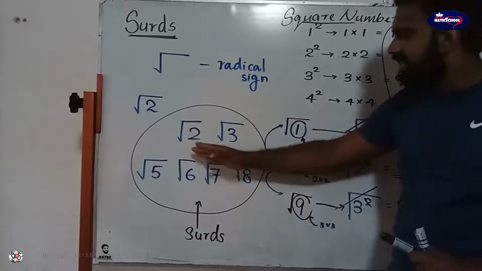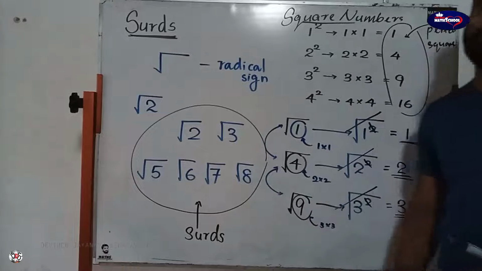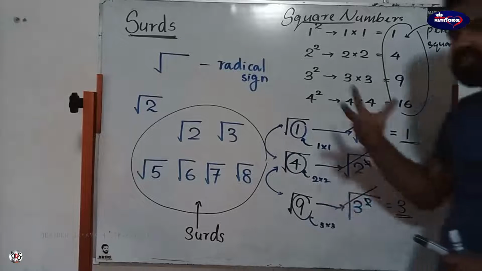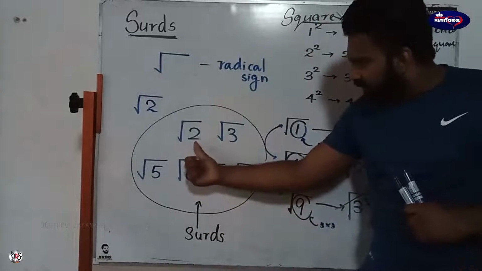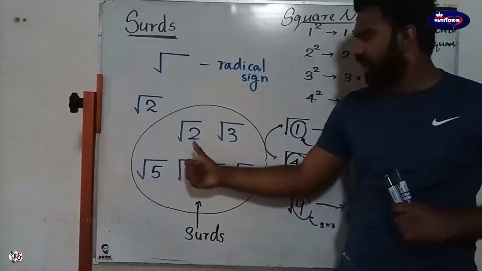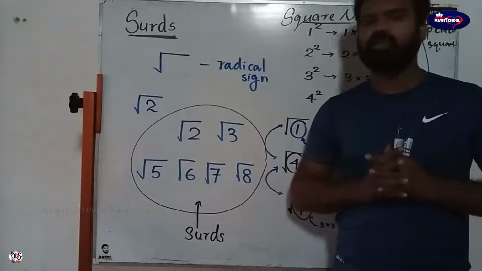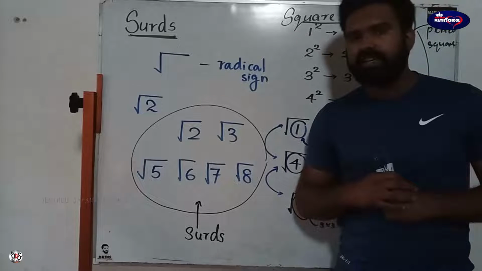But in these kinds of cases, square root of 2, square root of 3, square root of 5, all these numbers, we don't have a whole number like this. Actually, we don't have a rational number like this. If we write them using decimals, we get infinite decimals.